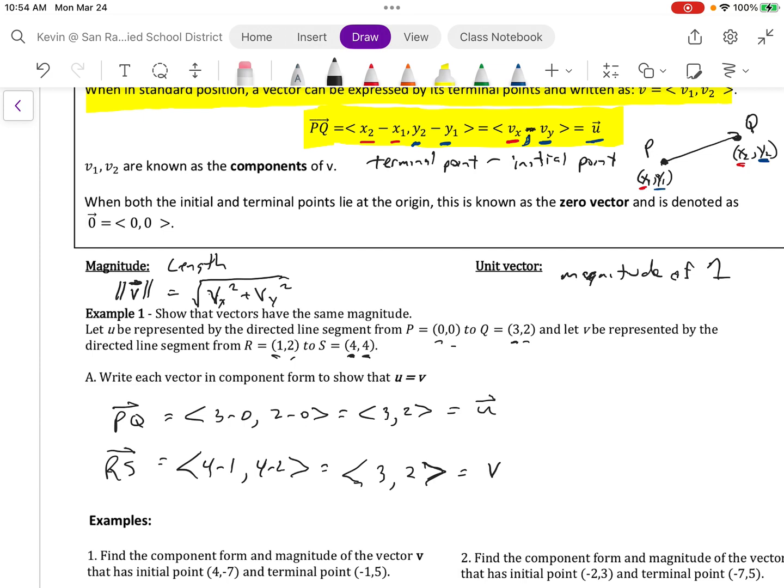That is vector V. And so we can see that, therefore, vector U equals vector V.